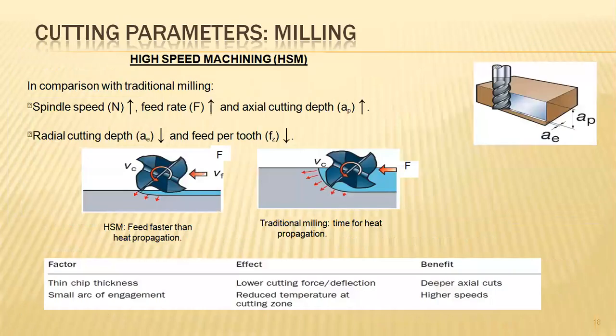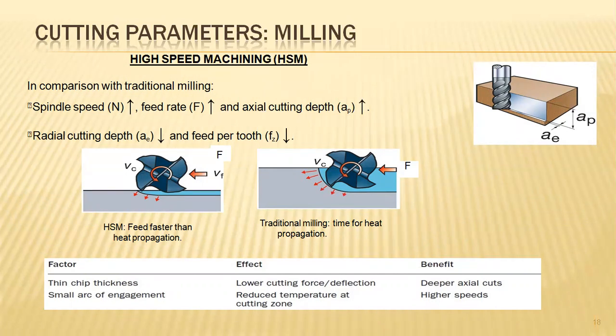Coming to the high speed machining process, spindle speed should be increased, axial depth, almost all the parameters should be increased. So what are the factors, what are the effects based on them, and what are the benefits regarding the high speed machining process?